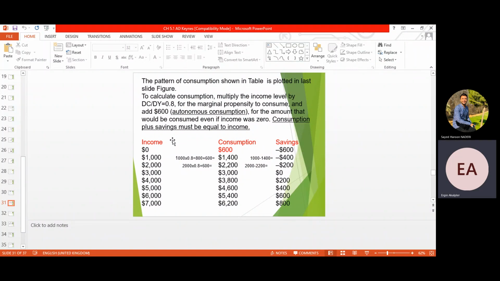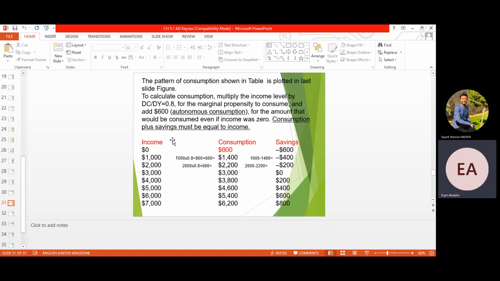The income is 0, then 1,000, 2,000, 3,000, 4,000, 5,000. Then the consumption, as given here, is the autonomous 600. Then you have the propensity: 1,000 multiplied by 0.8 is 800, plus the autonomous 600, is 1,400.